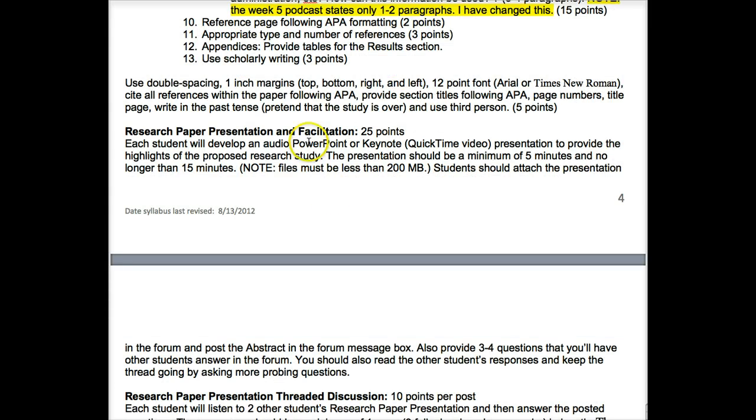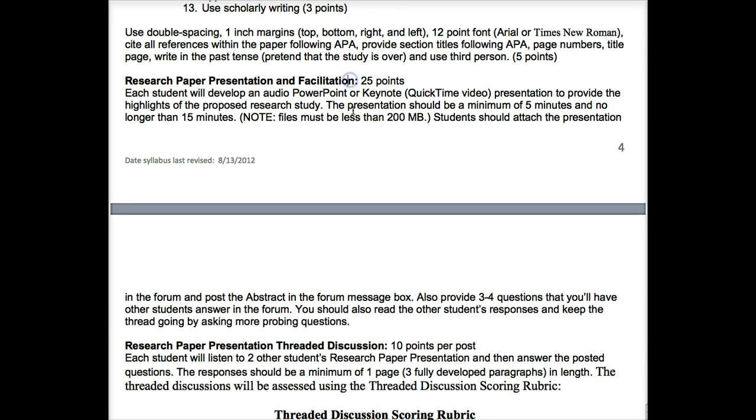Okay. Then the next part of this assignment is you're going to actually do a presentation of your study. You're going to develop either an audio PowerPoint or a Keynote if you're a Mac person, a video, and you're going to present the highlights of your fake research study to the class. Your presentation should be a minimum of 5 minutes to no longer than 15 minutes.